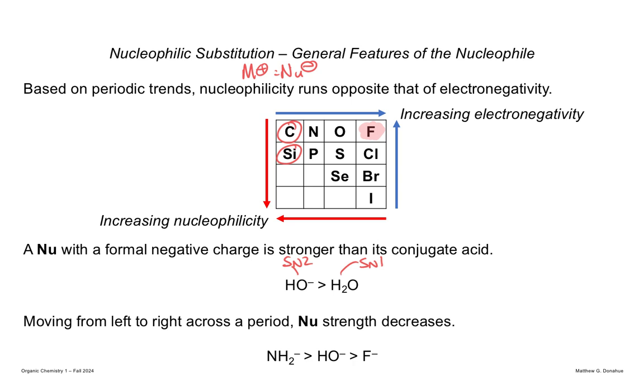And again, the reason for that is the negative charge species has that lone pair exposed already. It's ready to form that bond to the electrophile. Because SN1 is unimolecular and it reacts through a different mechanism, the neutral species is better for that.